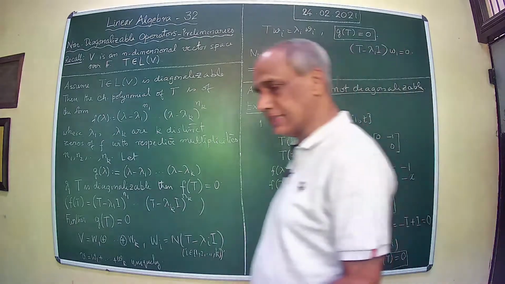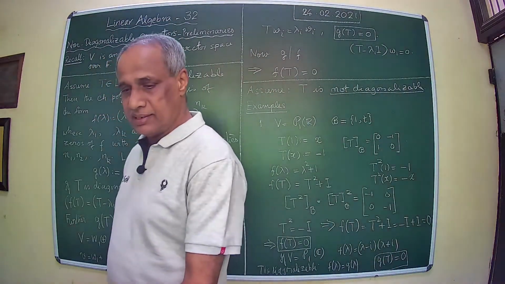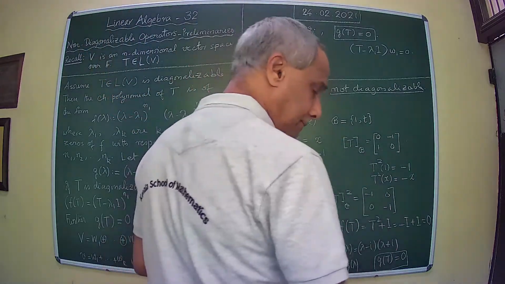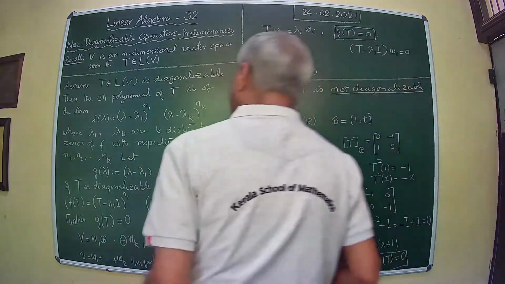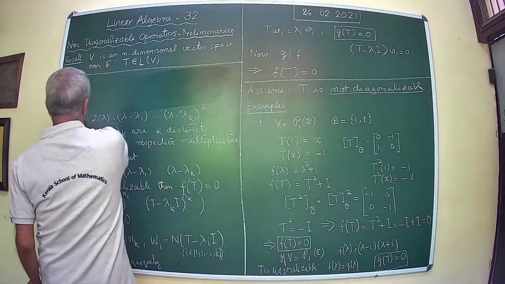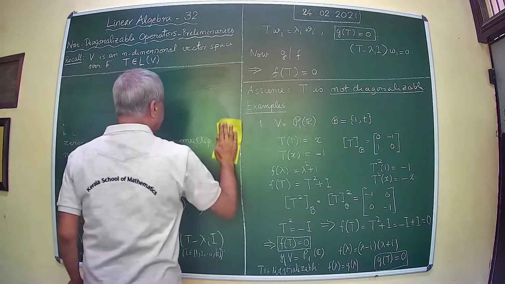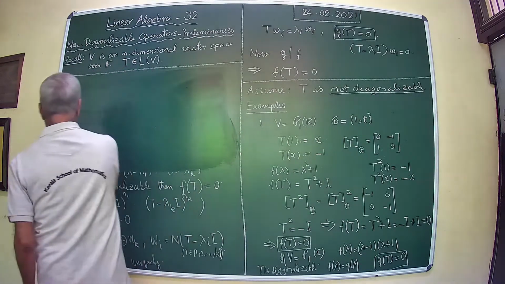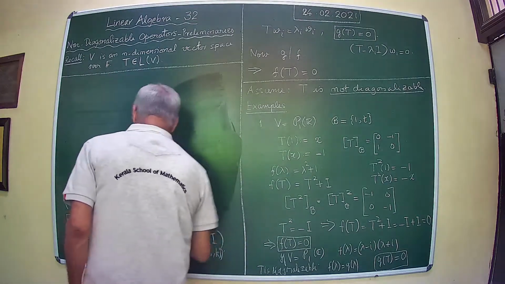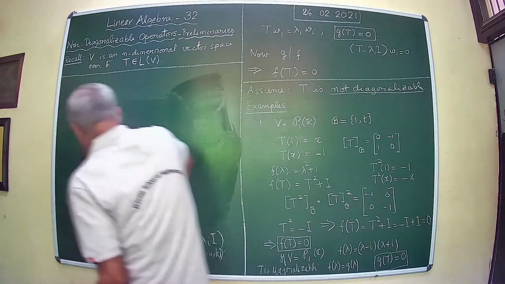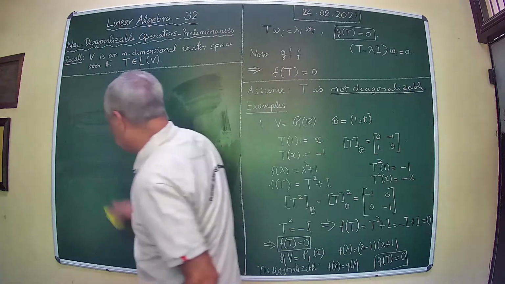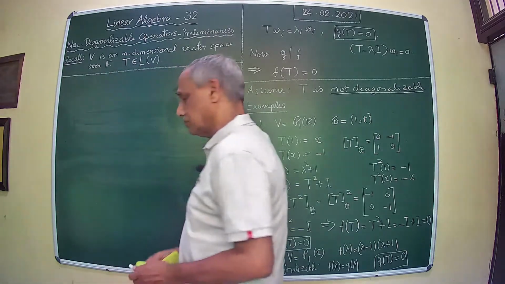Now, let us take another example. The second example is more revealing. It gives better insight into the problem. So slowly we are trying to get better insight into the problem of handling non-diagonalizable operators.